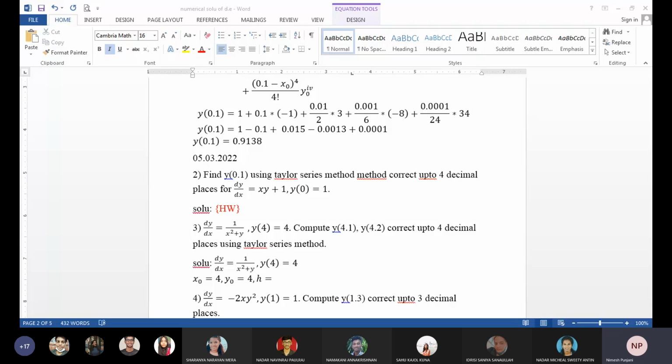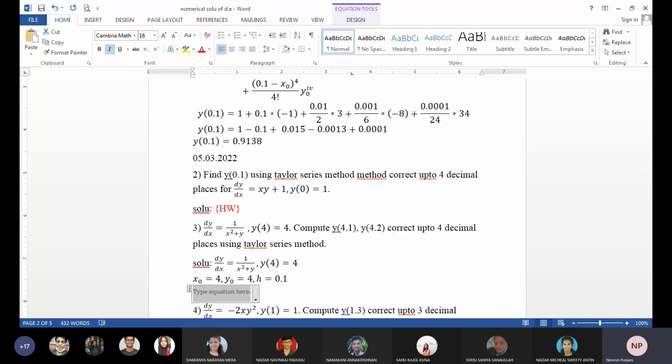Okay, very good. So x0 is 4, y0 is 4, and h is 0.1. Now first we will be calculating the derivatives, because we are supposed to calculate up to 4 decimal places. So from y0 dash to the fourth order derivative of y0, we have to calculate.